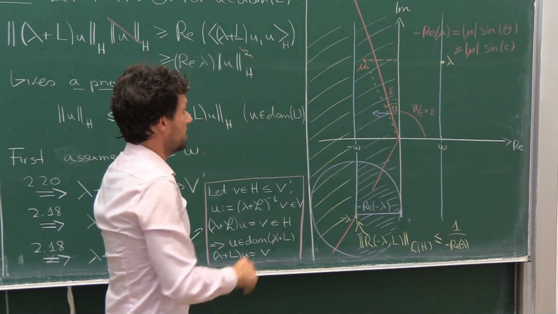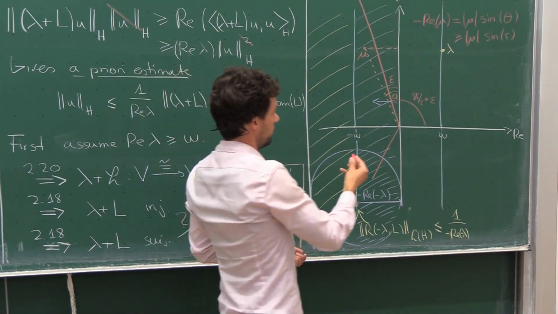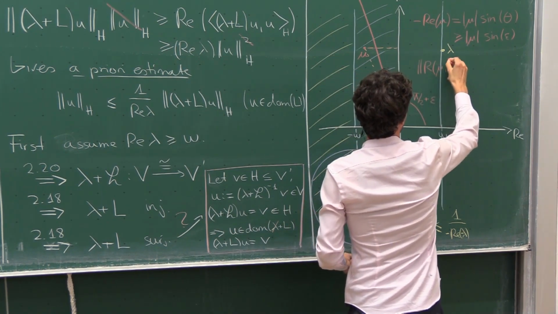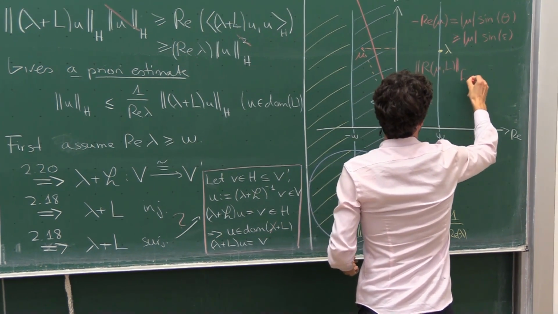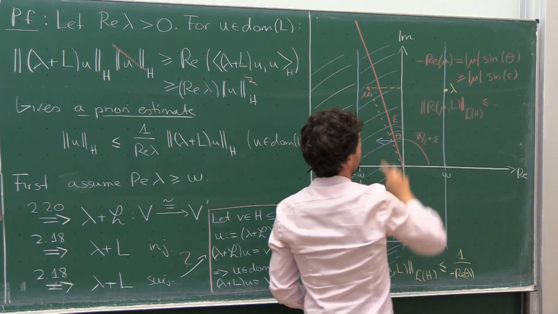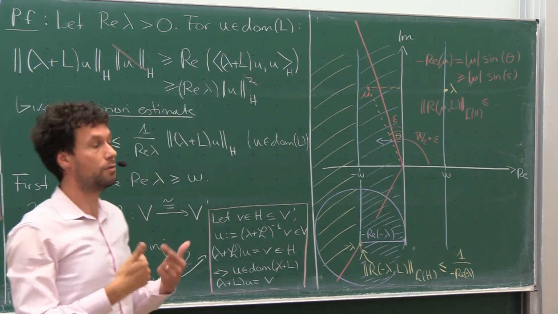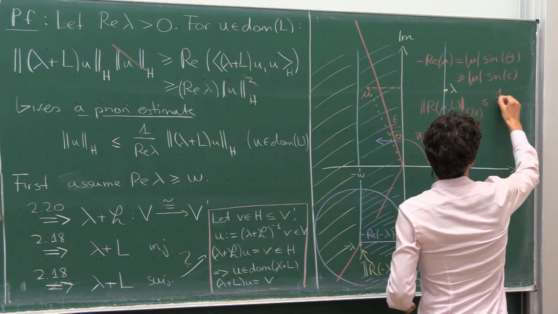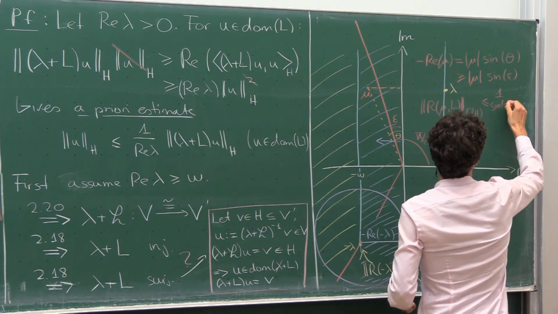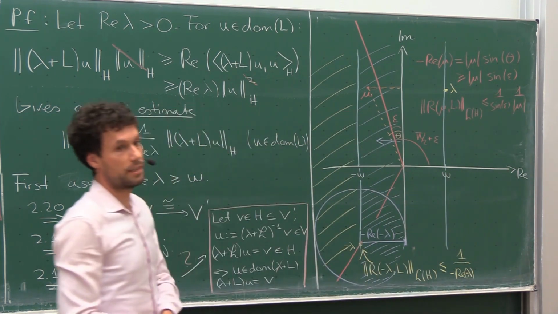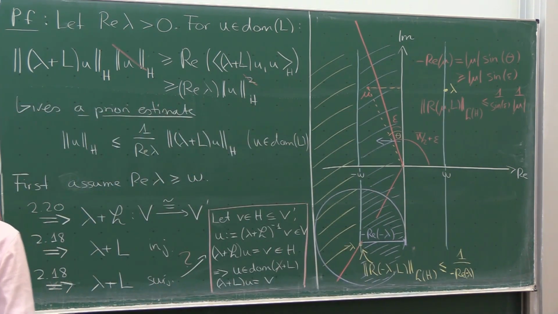And so it means that the resolvent at mu, resolvent mu L, in operator norm, you already knew that it was controlled by 1 over the real part, but 1 over the real part is controlled by 1 over sine of epsilon times 1 over absolute value, which is the resolvent estimate for sectoriality.